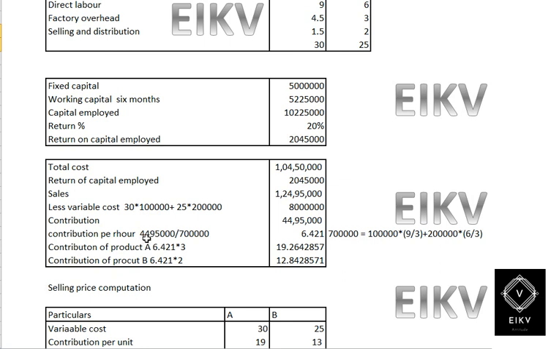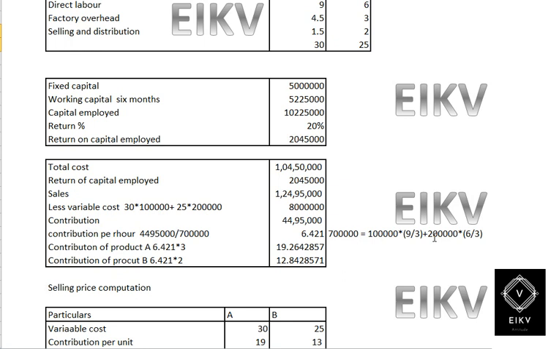Now we need to compute contribution per labor hour. So for computation of contribution per labor hour, we have the contribution of 44 lakh 95,000 divided by 7 lakh hours. So 7 lakh is nothing but the labor hours. 1 lakh is the units of product A. 9 is the direct labor cost spent for manufacturing 1 unit of product A, divided by 3 is the labor rate.